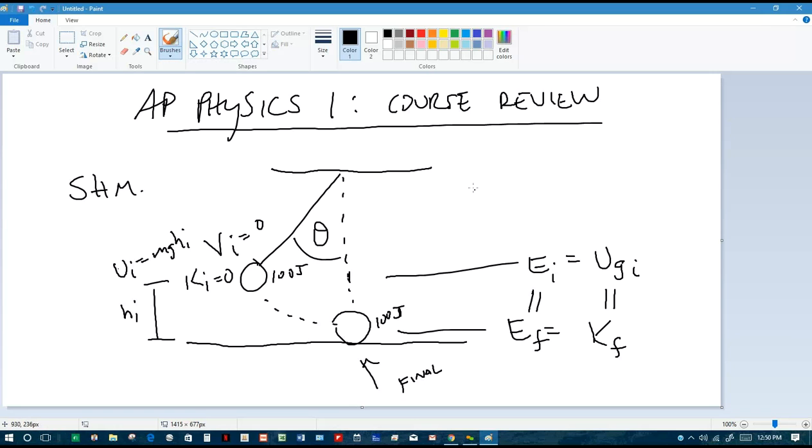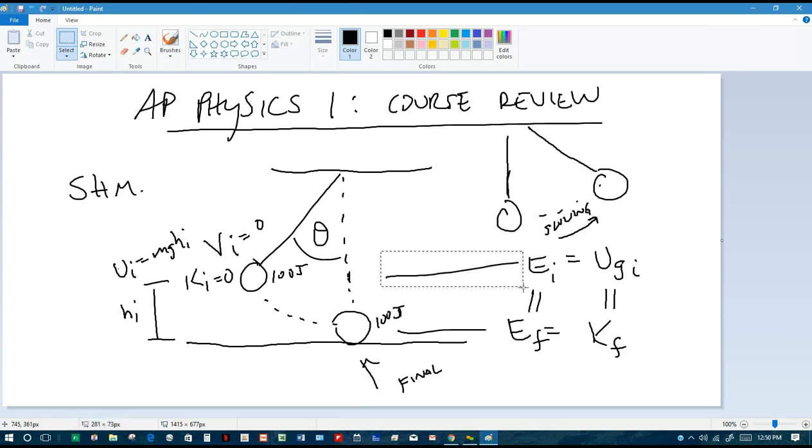Of course, after it passes through the center point and starts going upwards, up to here, the reverse cycle happens, and it starts slowing as it goes up to a higher point, and therefore the kinetic energy drops, the potential energy goes up, and if there was no friction or air resistance, then this would be a perpetual motion machine, and it would just continue going back and forth forever, always returning to the exact same height on the other side.